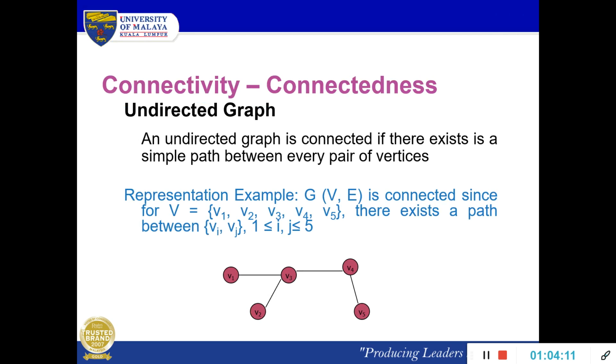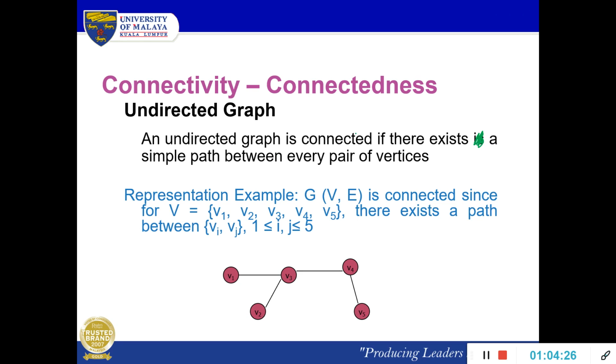So, connectedness in an undirected graph. An undirected graph is connected if there exists a simple path between every pair of vertices. There exists a simple path, not if.